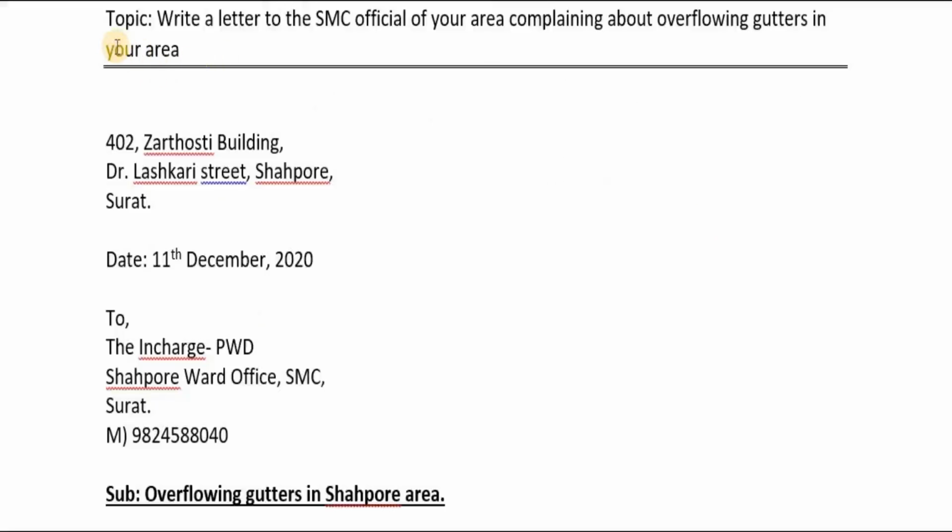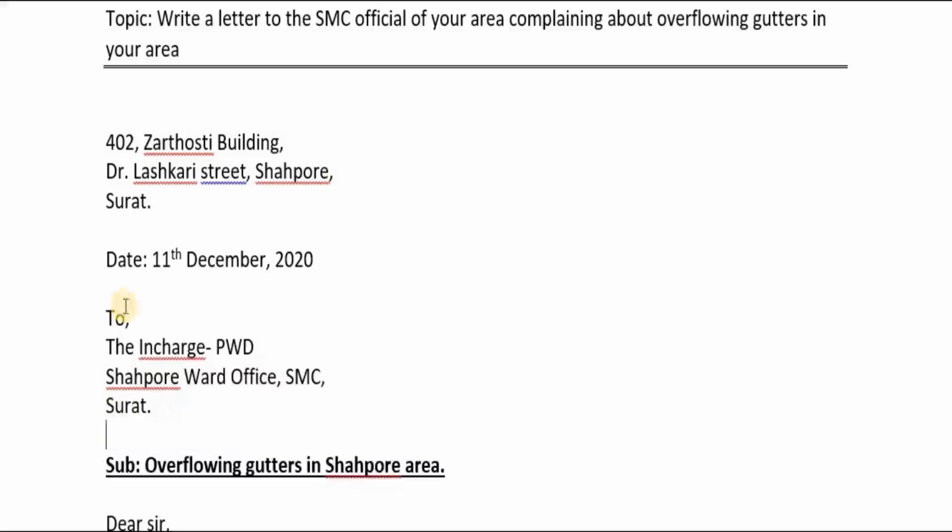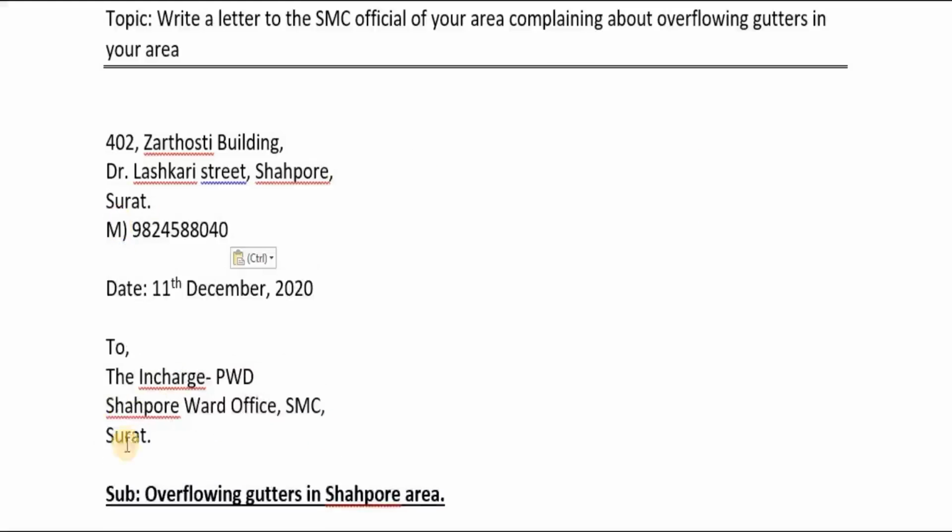I think we'll stick to one letter in this video. We'll cover another letter in the next video. Let's just see it once again. See, an official letter for a complaint is written like this. So our address with one space. Oh, I'm sorry, I wrote it wrong up here. My phone number should be here, not with him.